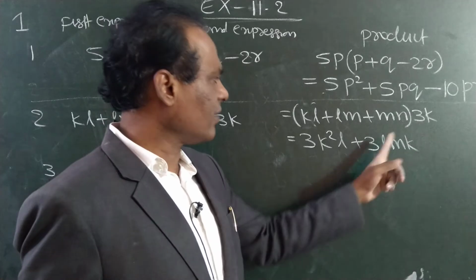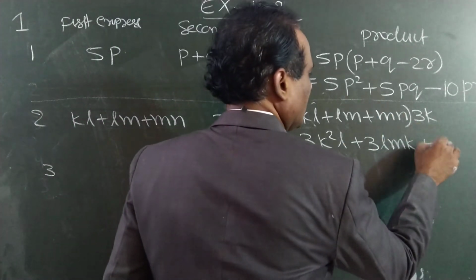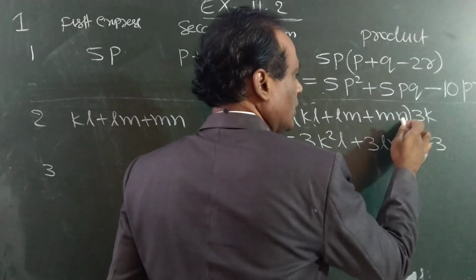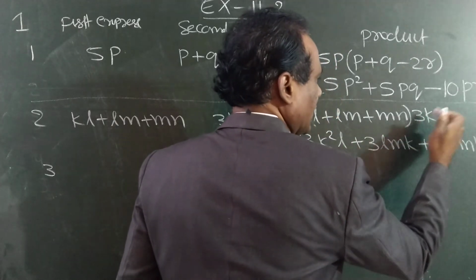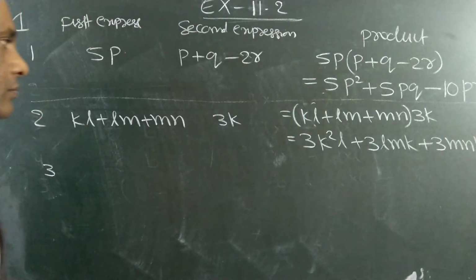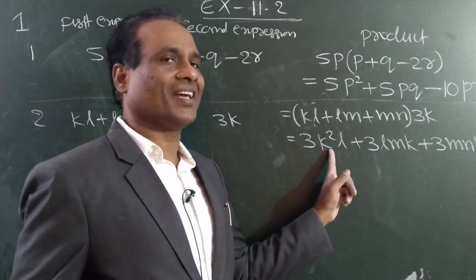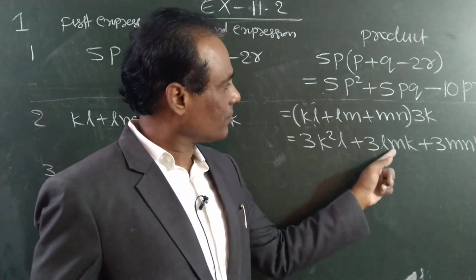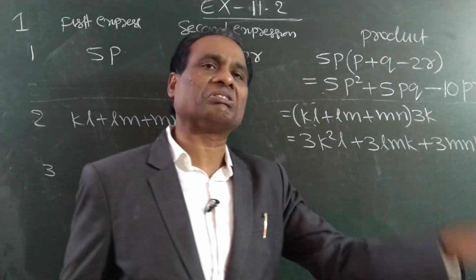Next is 3, M into N into K. Only K into K became K square. L into K, M as it is. LM into K is LMK. MN into K is MNK. That's all.